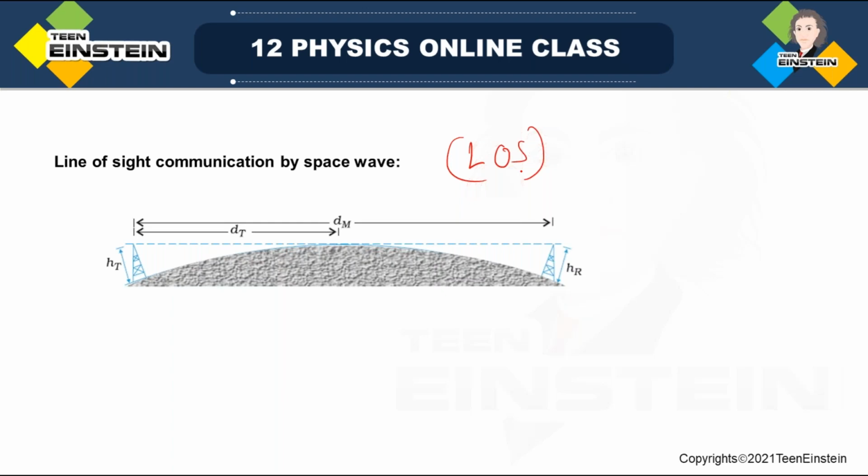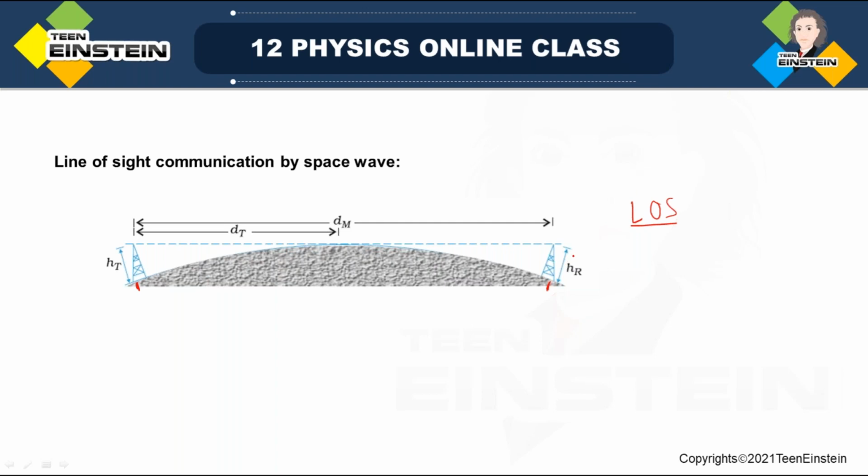As I was discussing in the previous topic, since the earth is curved, if you have a transmitting antenna over here and a receiving antenna here, you may not get a direct line of sight. Suppose this is the transmitting antenna and this is the receiving antenna. Up to this distance, you can have LOS, line of sight communication.